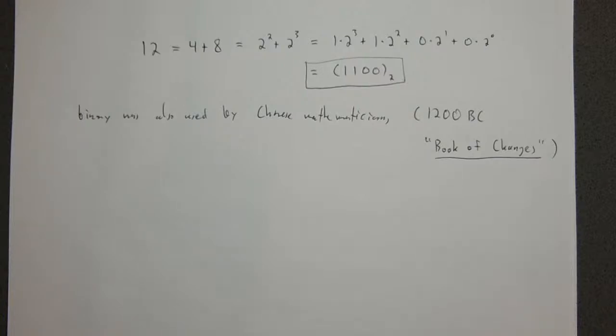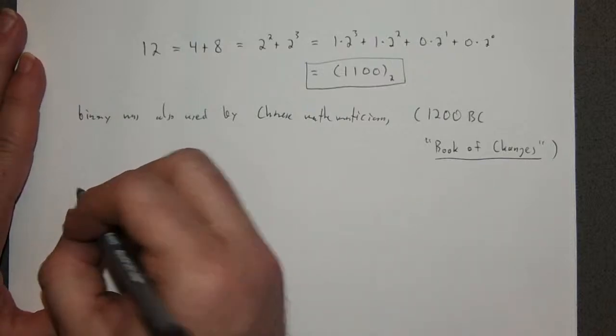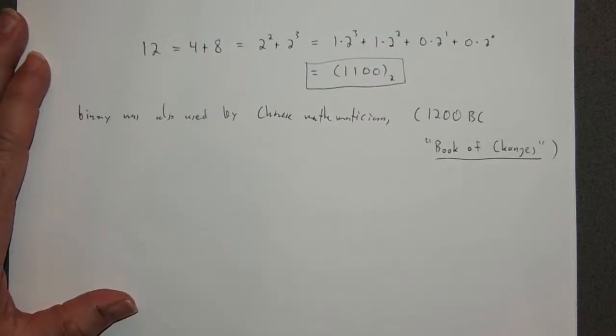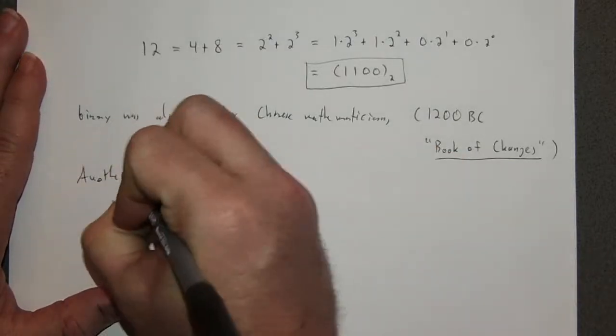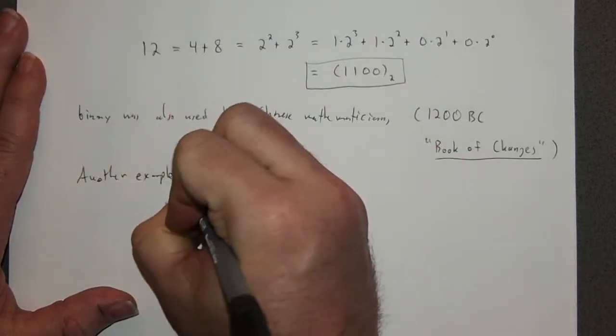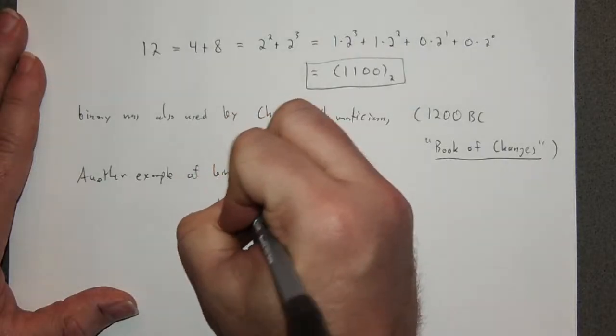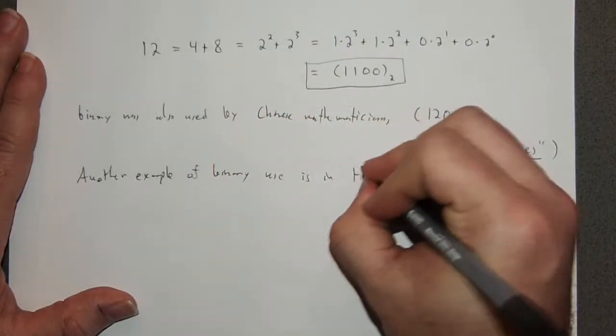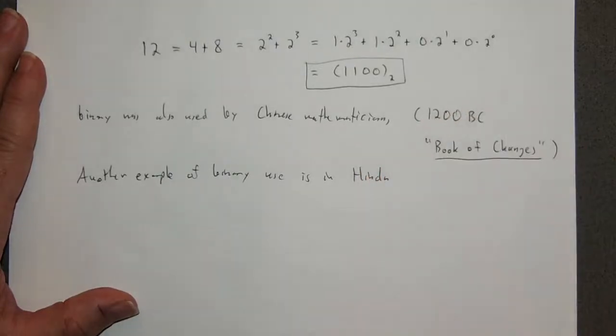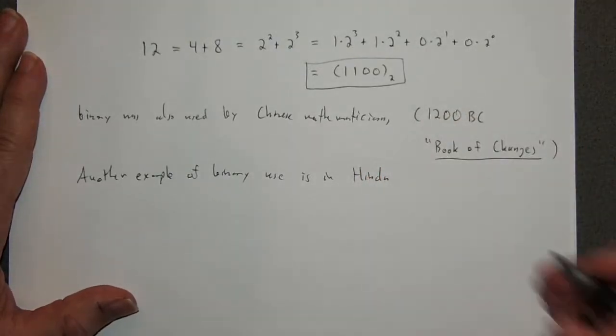There was another example. I believe this was a Hindu classification of meters in verse about 800 BC. So another example of binary use is in Hindu classification of meters in verse.